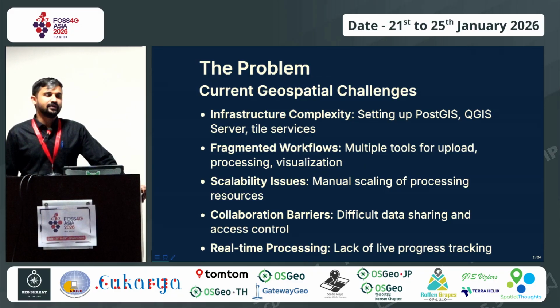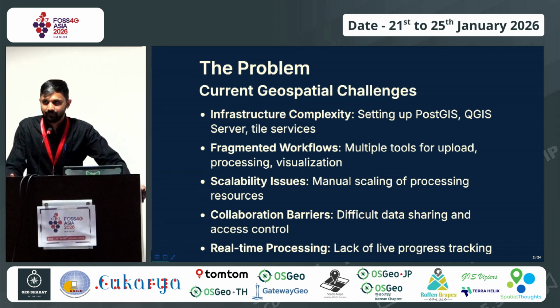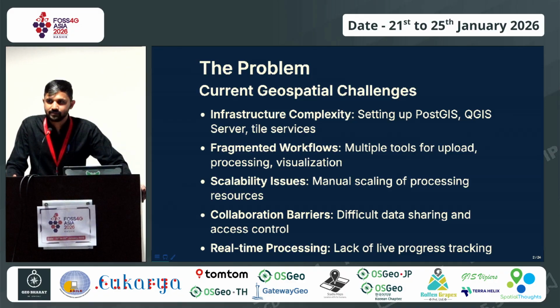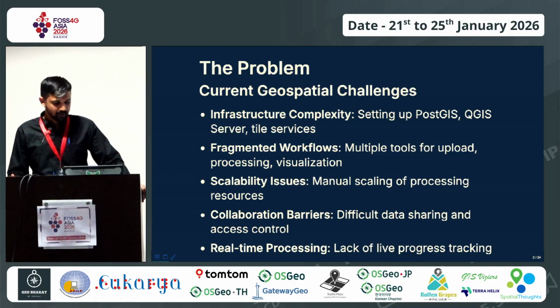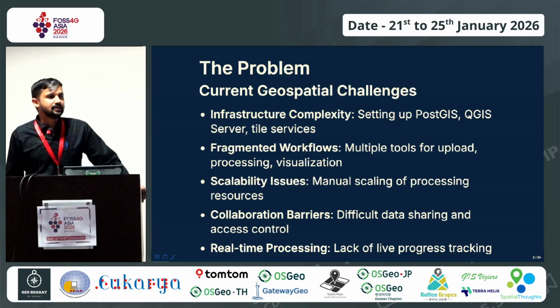Whenever you meet anyone from the public sector, they will say they really want to share the data, but they want to figure out how they can also control the access. The control can be in terms of timeline, in terms of columns, or in terms of extent. And the last thing is real time processing. We all know that in geospatial, the data sizes are very huge, and similarly, the functions that we execute might also take a lot of time.